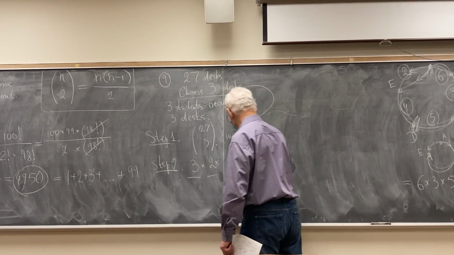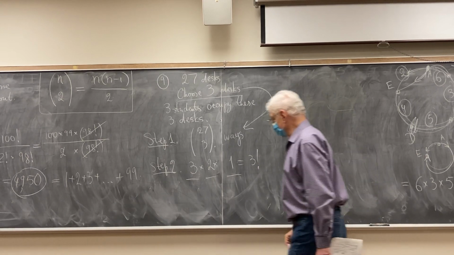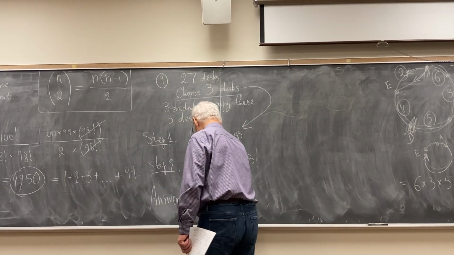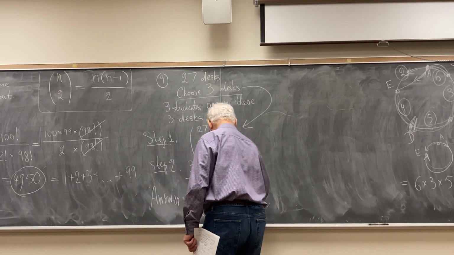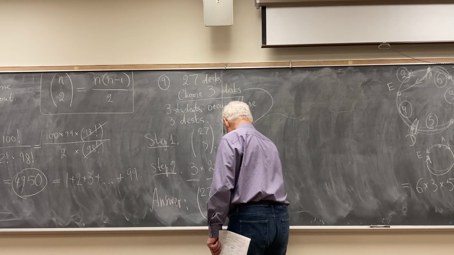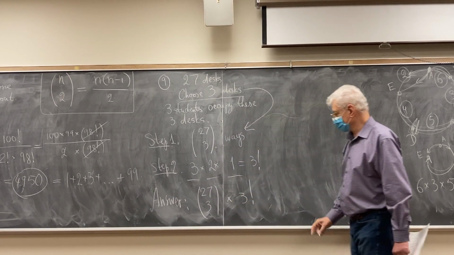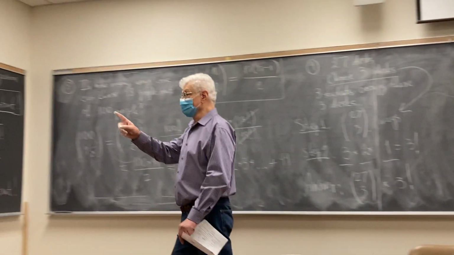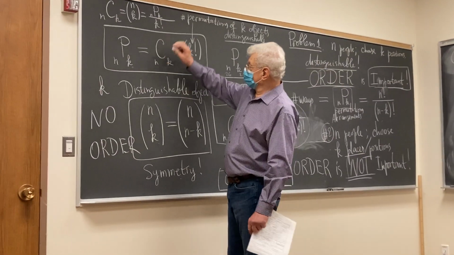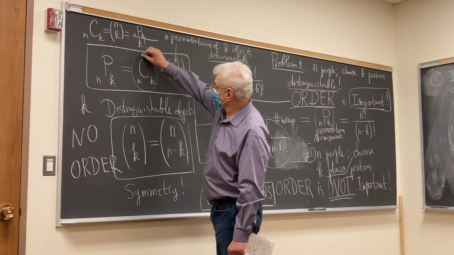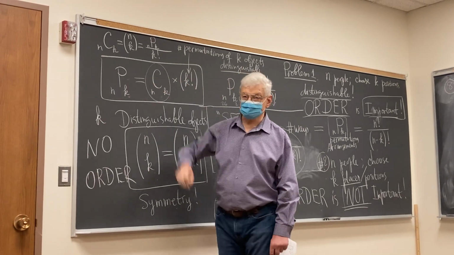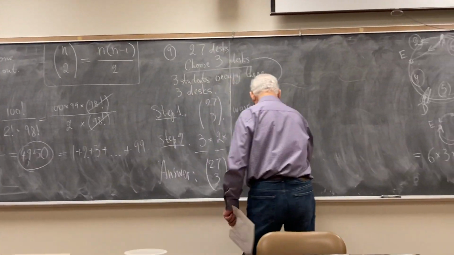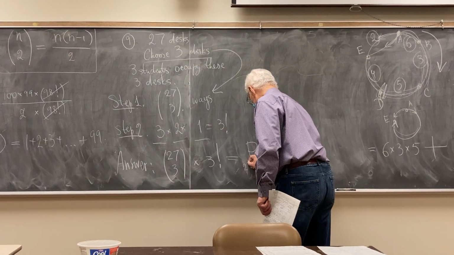So 3 times 2 times 1 is 3 factorial. Therefore the answer is 27 choose 3 multiplied by 3 factorial. Here, n choose k times k factorial gives that number immediately.